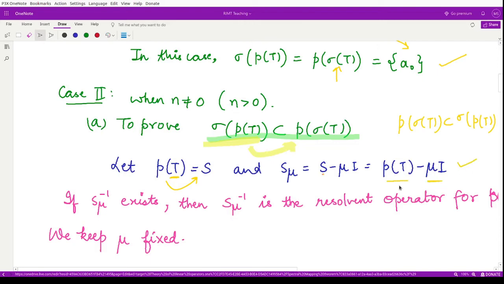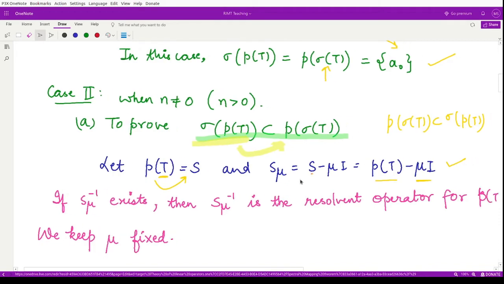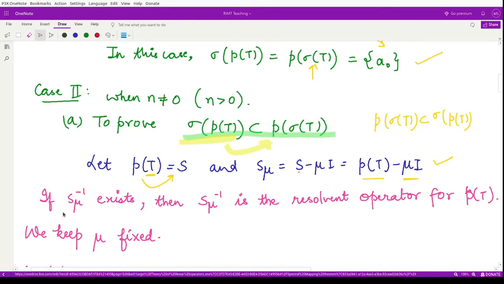This is S mu. Now we have the case where, if S mu inverse exists, then S mu inverse would correspond to the resolvent operator for the polynomial P of T. If this exists, then this is the resolvent operator.